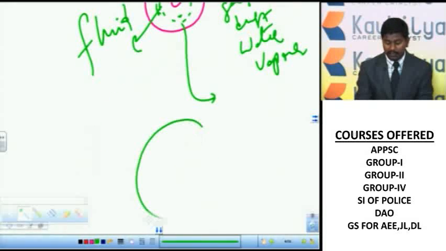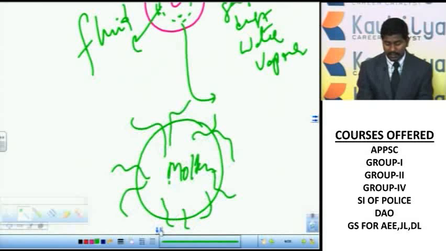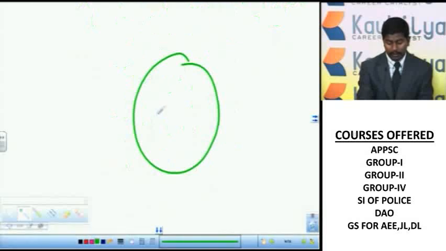Because of which this molten material erupted onto the surface through different processes.